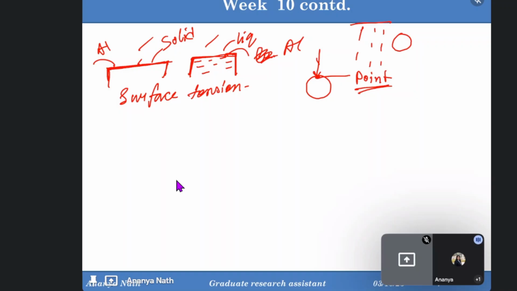Surface tension also differs with respect to the temperature. So I am considering these two metals at a particular temperature. If the temperature is fixed, suppose it's 660 degree centigrade, then magnesium will have less surface tension than aluminum.